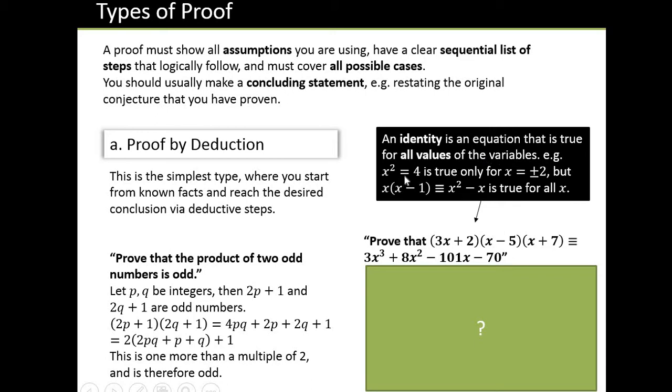So if you've got x squared equals 4, this is just an equation because it's only true when x is positive or negative 2. For an identity, we use 3 horizontal lines and say something like this: x(x − 1) is always going to be identical to x squared take away x, and that's true for all values, isn't it?